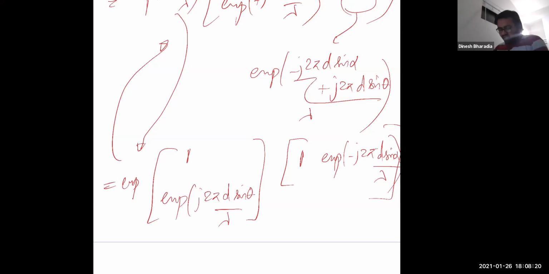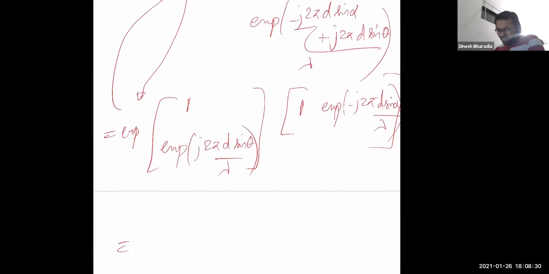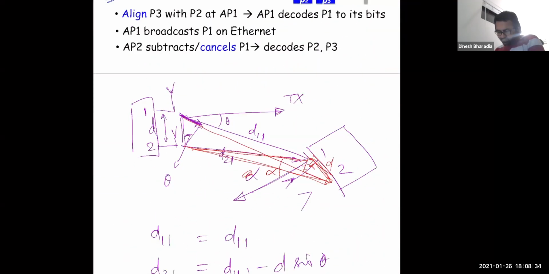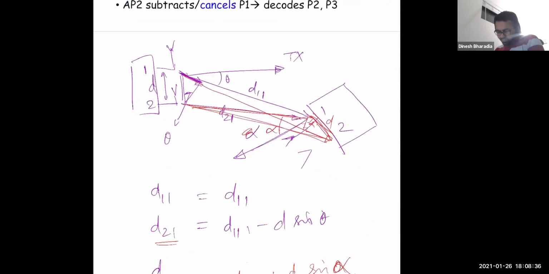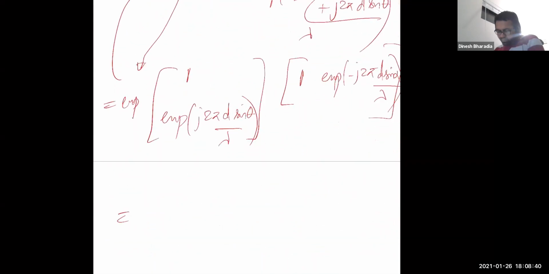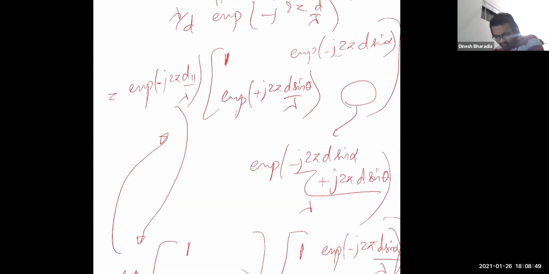So let me now rewrite this further. I call this a rotation matrix. So think of this as u. Actually, did I make a mistake here?